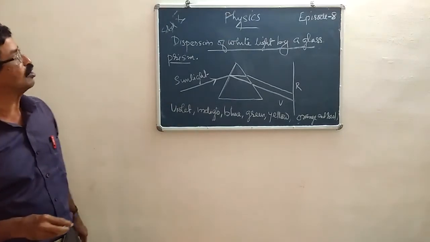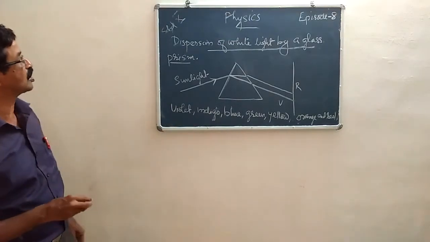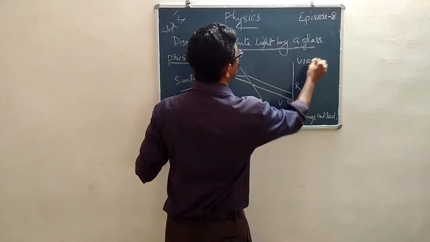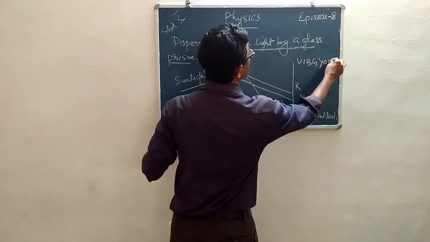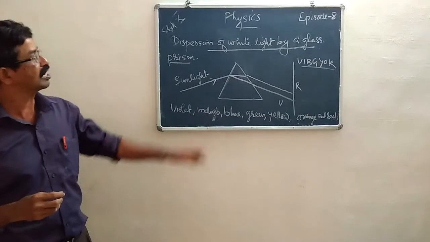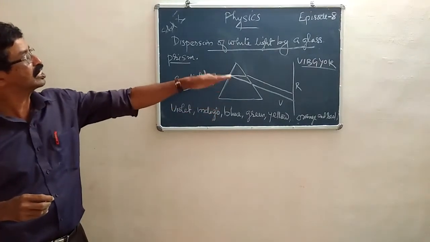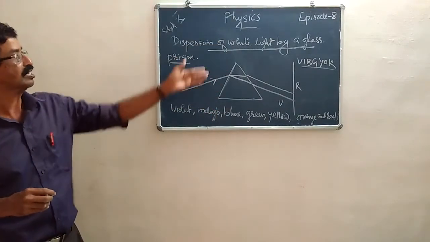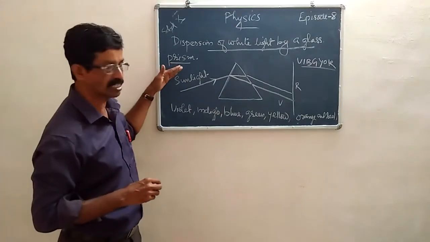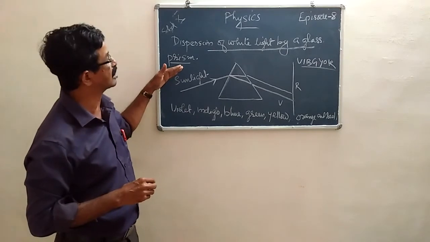To remember all these colors in order, we can take violet, indigo, blue, green, yellow, orange, red, that is VIBGYOR. In this way we can remember the order of the colors. The colors and their order that we obtain here is called the spectrum of white light.